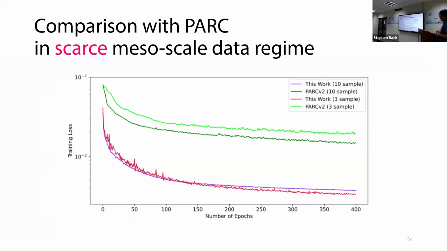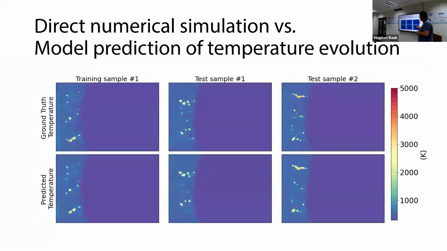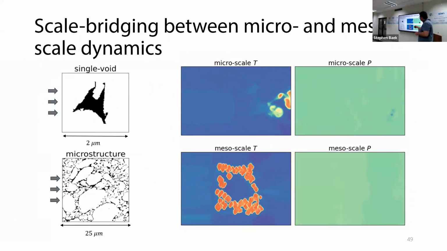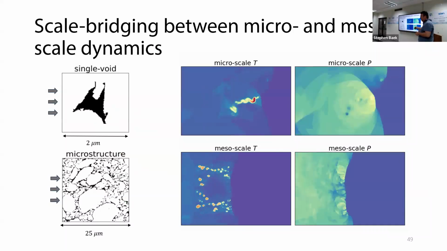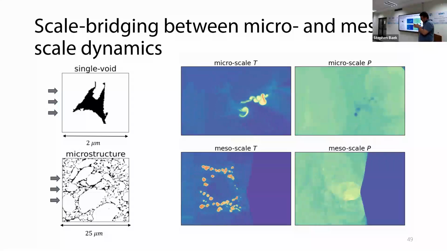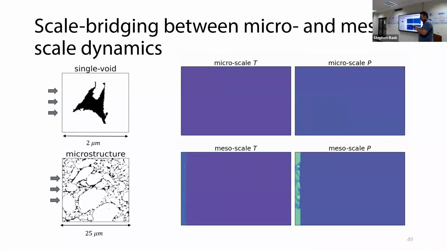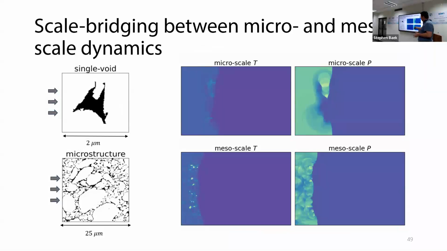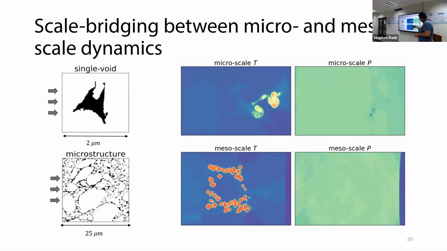So the benefit of this kind of scale bridging is that a single void simulation is a lot less expensive compared to the larger scale simulation, for an obvious reason: a smaller scale that you want to simulate is much less expensive compared to a larger grid.